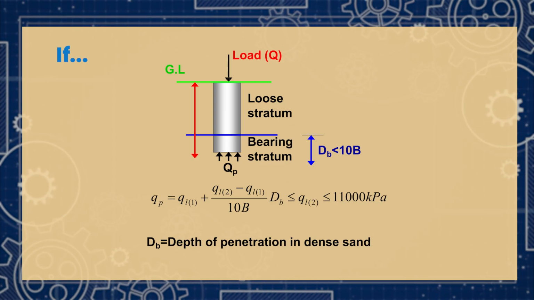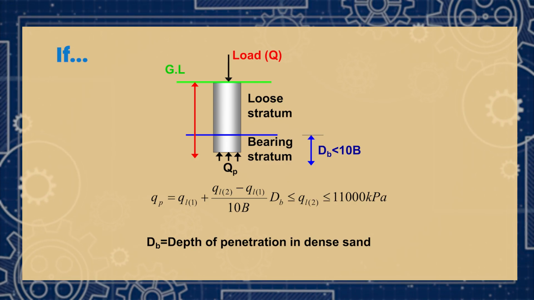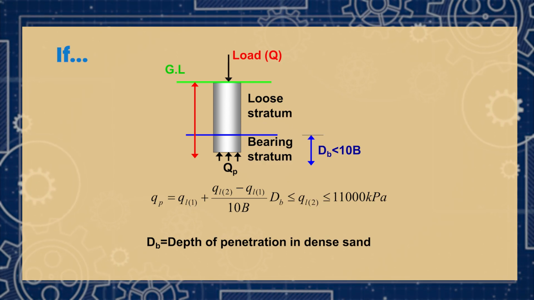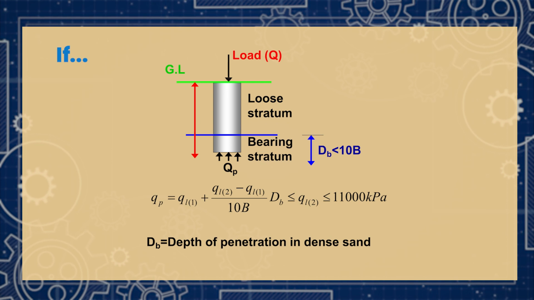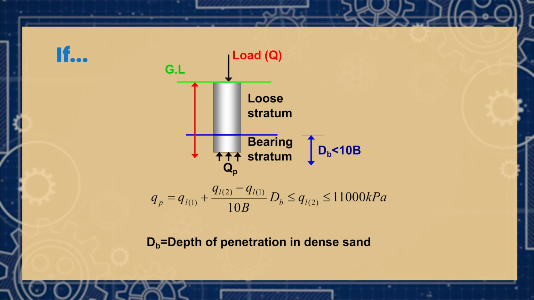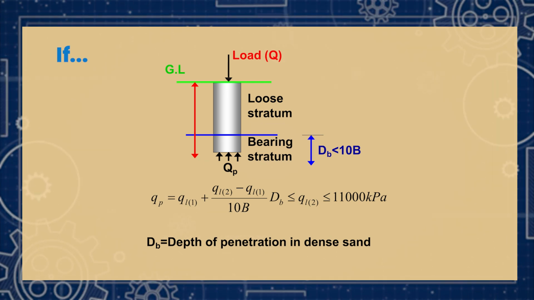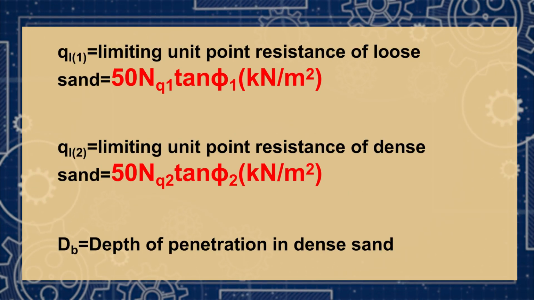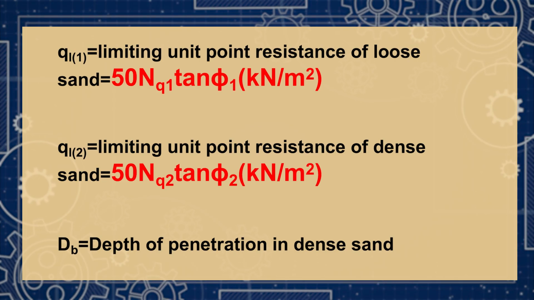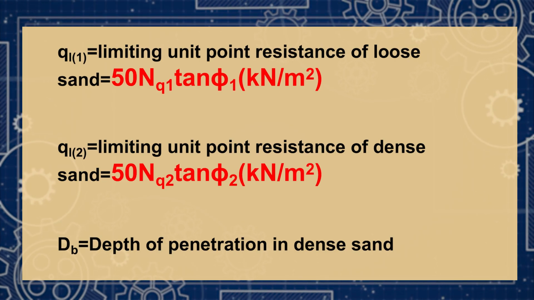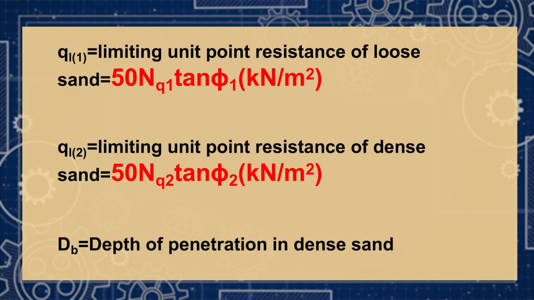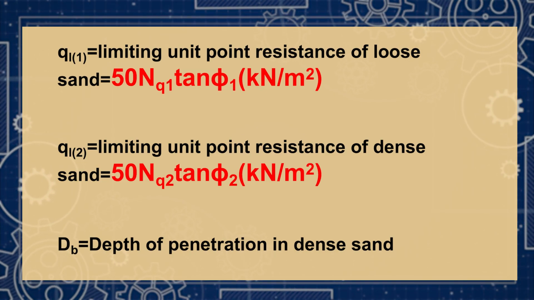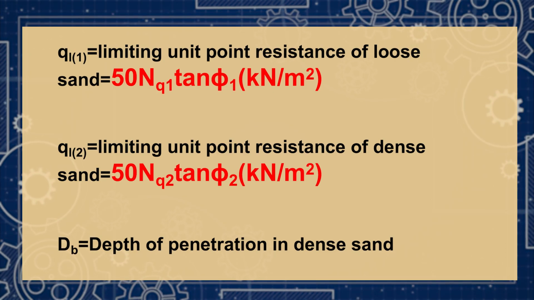The thing here they are telling is that it should be limited to less than or equal to 11,000 kPa. Capital D is nothing but the depth of penetration in the dense soil, and it will be less than or equal to 10B. If it is q', then the limiting unit point resistance for the loose sand will be 50 Nq tan phi.